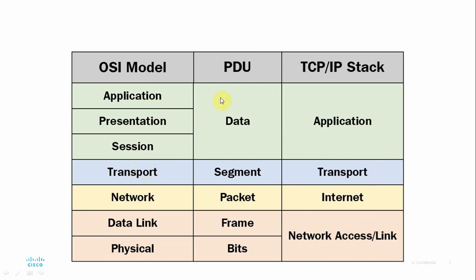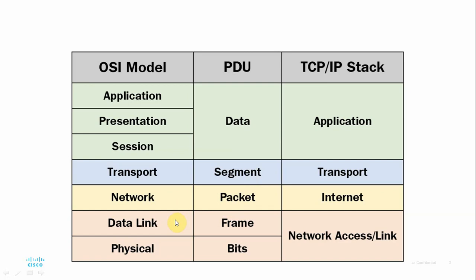Okay. And PDU means, I told you, the header information added on top of data. So for the application, presentation, session, there is only data. Transport layer, the PDU is called a segment. So a segment contains data plus port number. Okay. Network layer has packet as the PDU. So a packet contains the previous data plus segment, any port number, plus I add the IP address of sender and receiver.